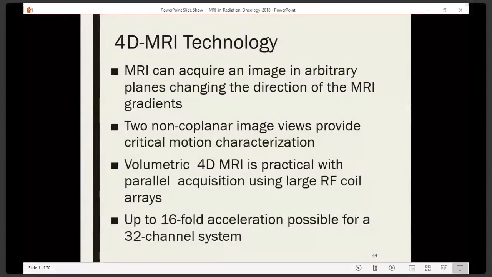Now, 4D imaging has been a hot topic in radiation therapy for a while now. And MRI can acquire images in arbitrary planes just by changing the gradient directions. And if you acquire two non-coplanar image views, then you can combine them for critical motion characterization.